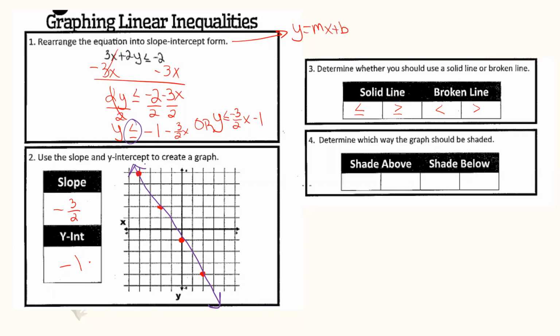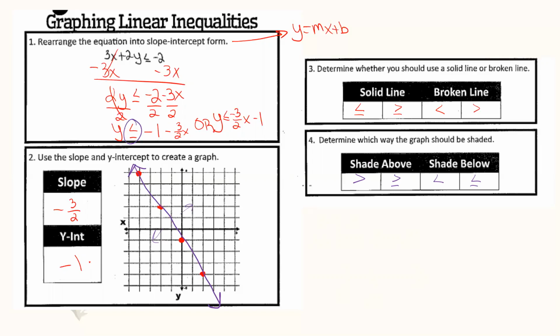Now again, if you think back to our warm-up, we shaded because left was less. Here we need to either shade above or shade below. So think about greater than. The word greater than, does that sound like above or does it sound like below? Hopefully that sounds like above. So shading above is greater than or equal to. Shading below is less than or less than or equal to.